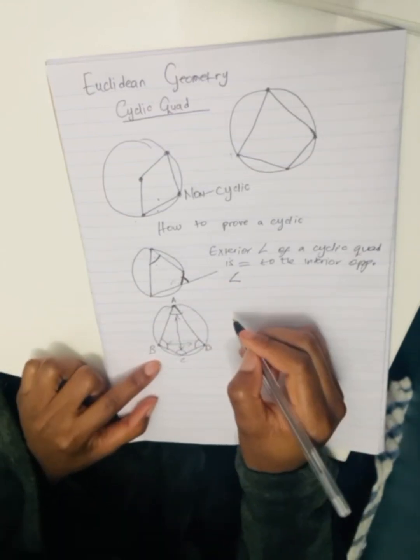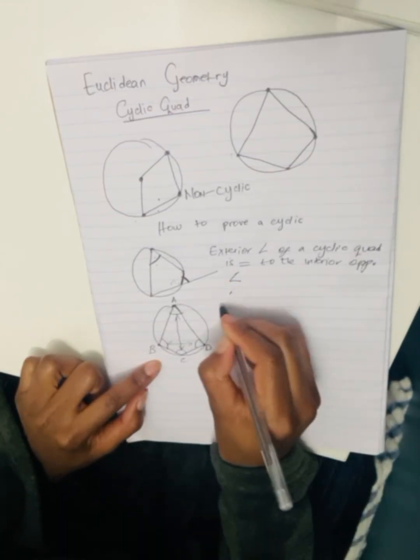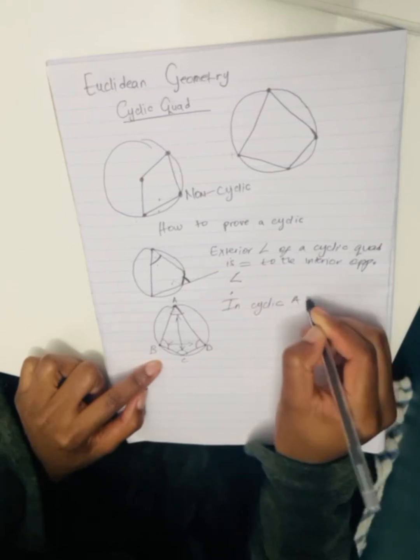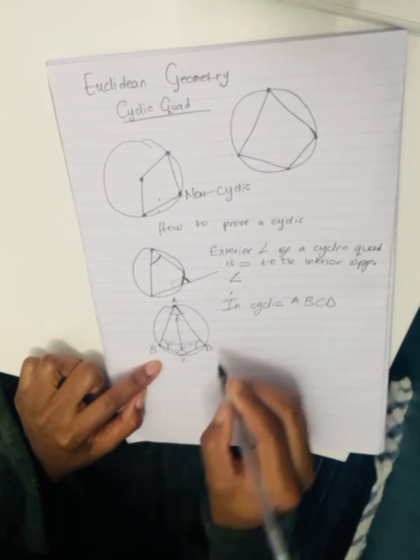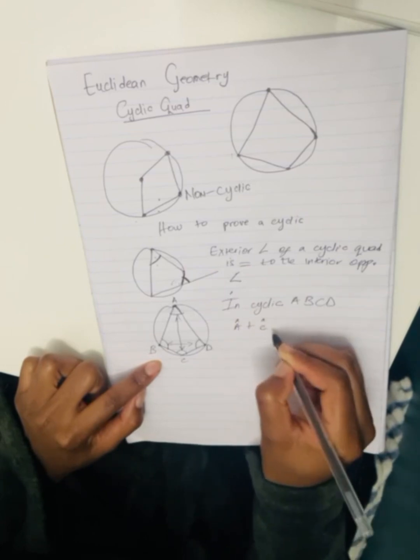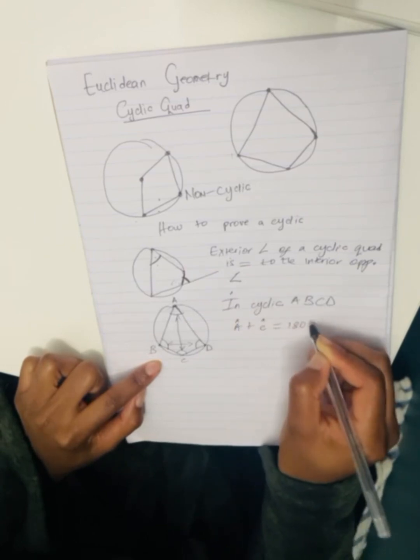So it means that in cyclic quad ABCD, when you add angle A plus angle C, they must give you 180 degrees.